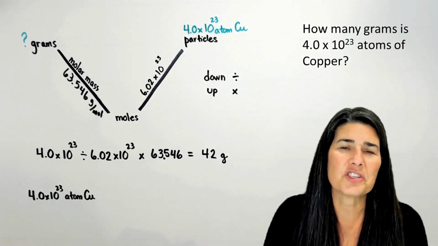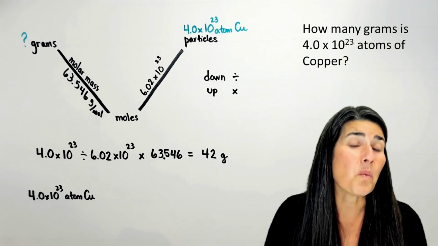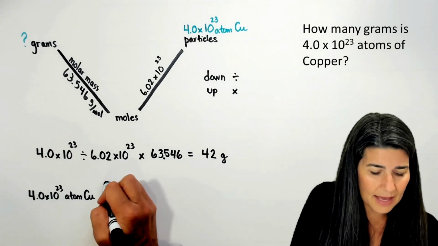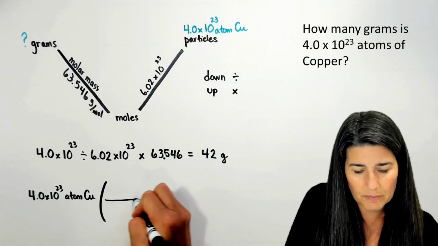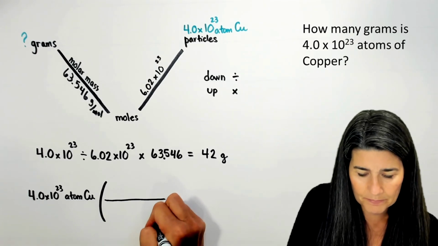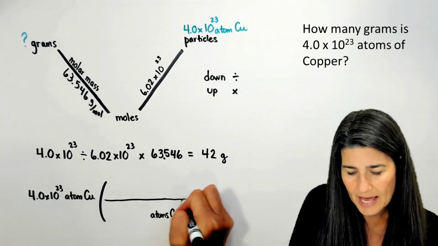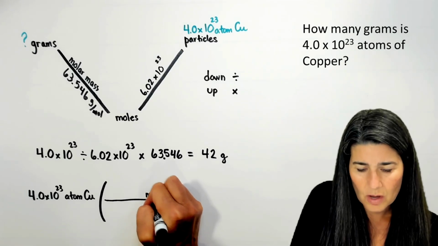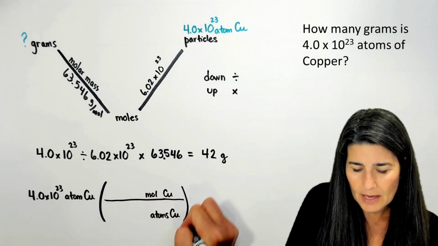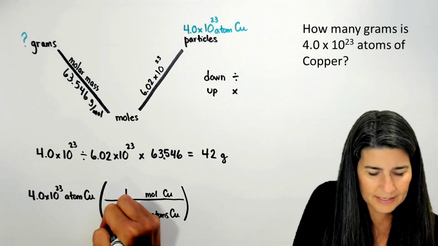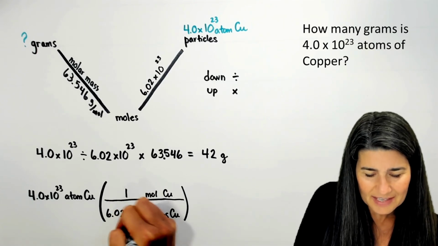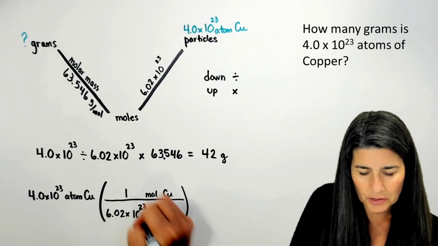Using dimensional analysis, we know we don't want atoms, so we use a conversion factor that puts atoms of Cu on the bottom. From atoms or particles, we can get to moles of copper, and we know 1 mole is 6.02 times 10 to the 23rd atoms.